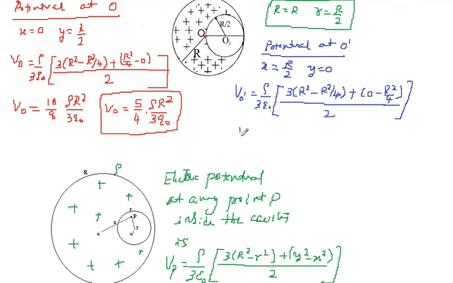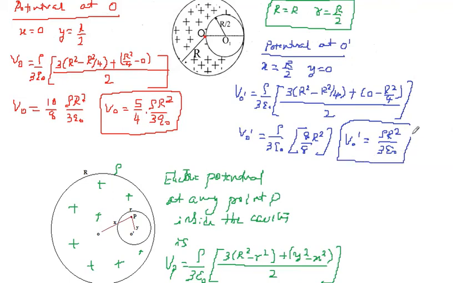Okay, when you solve this one, definitely you will get something like this, which is rho divided by 3 epsilon O, and inside bracket it is something like 8 divided by 8 r square. Otherwise VO dash is equal to, just it is rho r square divided by 3 epsilon O.